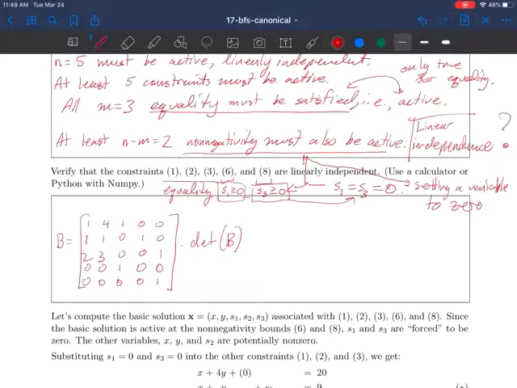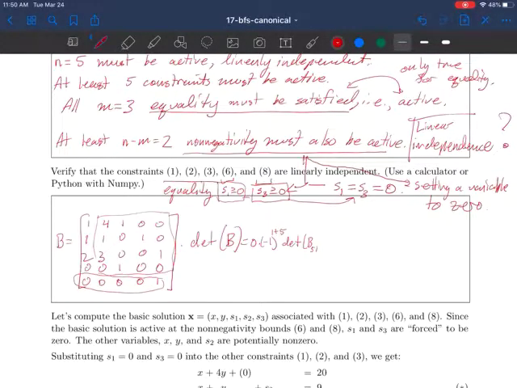columns successively. What does the Laplace formula say? It says if I take this row, the determinant is going to be equal to 0 times -1 to the 1 plus 5 times the determinant of this submatrix that would be formed by ignoring that column and row.